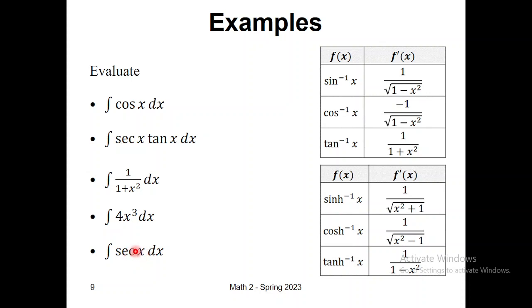So we have to add this to what is called integration. The integration table is basically the opposite of the differentiation table, but we have to add some integrals, like the integration of sec x.